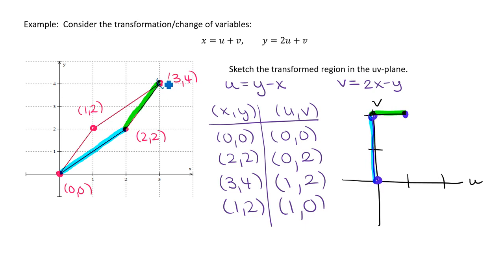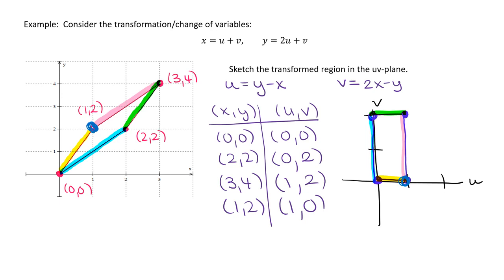The point 2, 2 is connected to the point 3, 4, so in the uv plane my point 0, 2 is connected to the point 1, 2. And finally, the last point, the point 1, 2 in the xy plane, is 1, 0 in the uv plane.